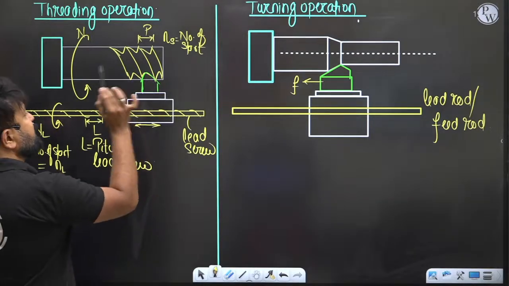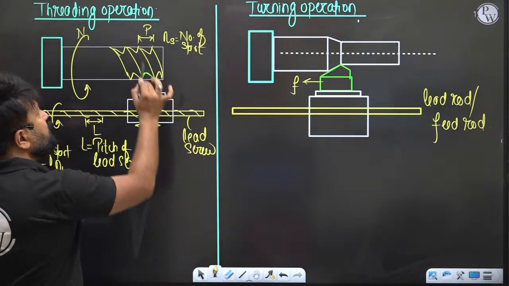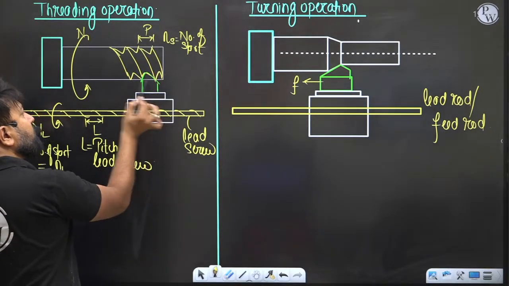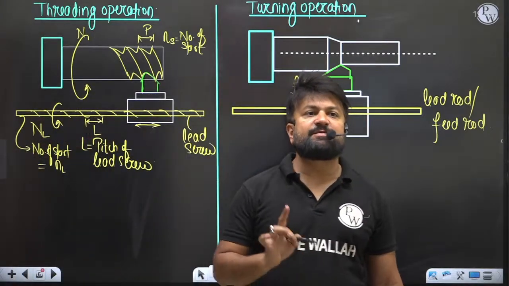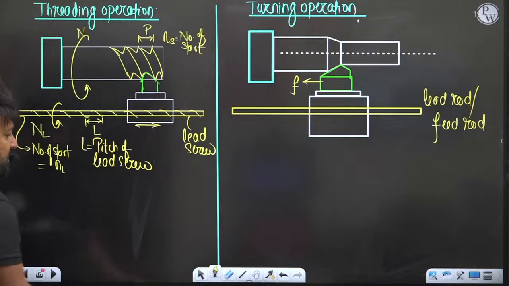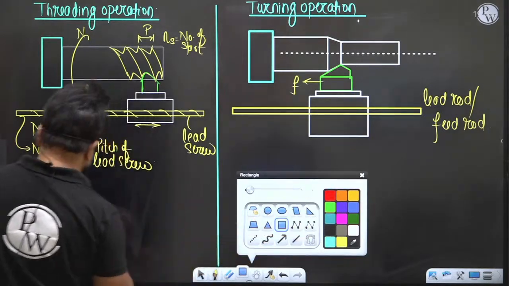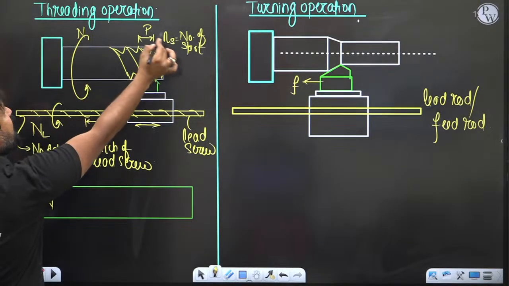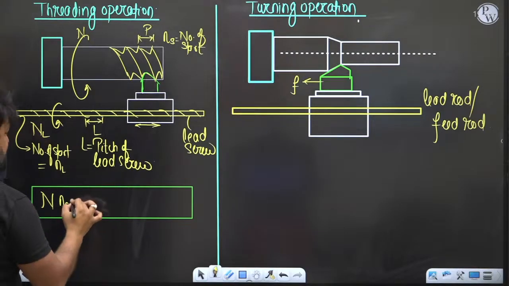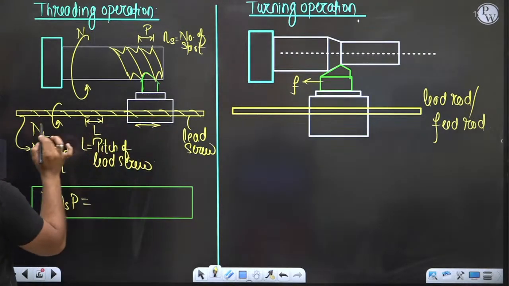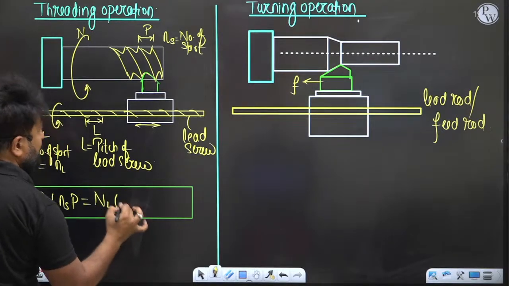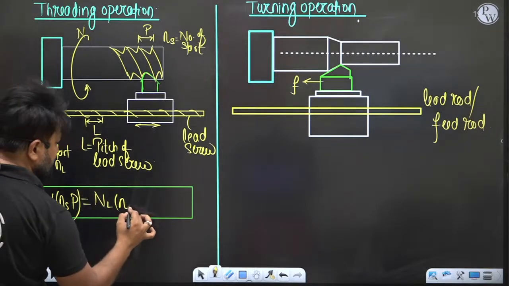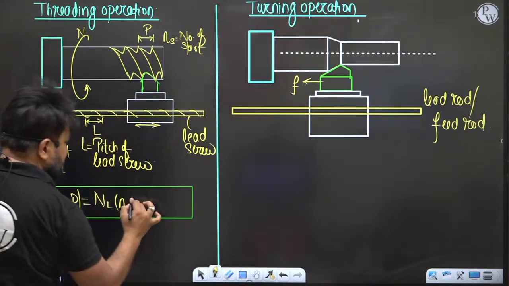You want the distance produced in one revolution, and for that the tool must travel the same distance. The required relation is: RPM of the workpiece times small ns times P equals RPM of the lead screw, NL, times the number of starts of the lead screw, times the pitch of the lead screw, that is L.